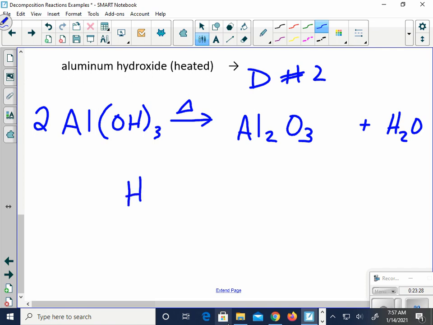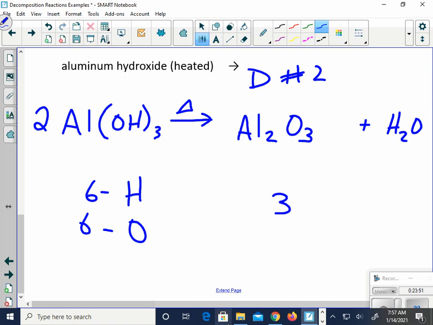Once I do that, that gives me hydrogens and oxygens left. 3 and 2 is 6 hydrogens on this side. Oxygens, 3 and 2 is 6 oxygens, right? So I have 6 hydrogens, 6 oxygens. As I look over here, I have 3 oxygens there.